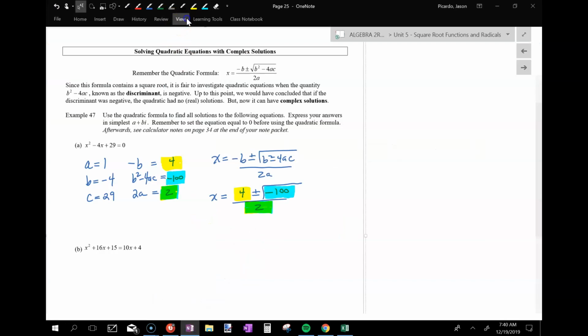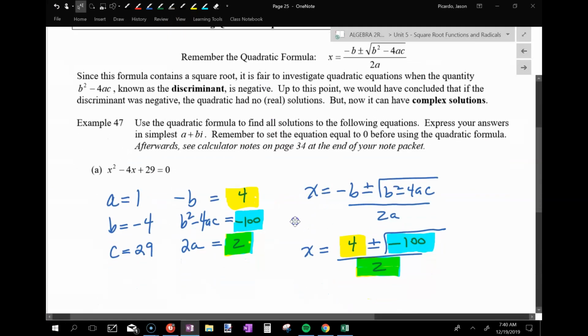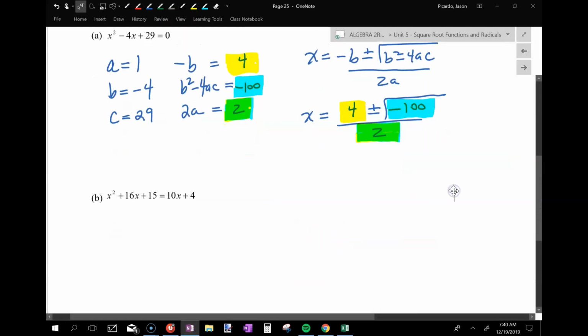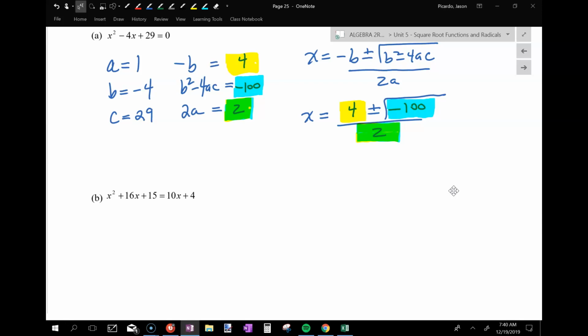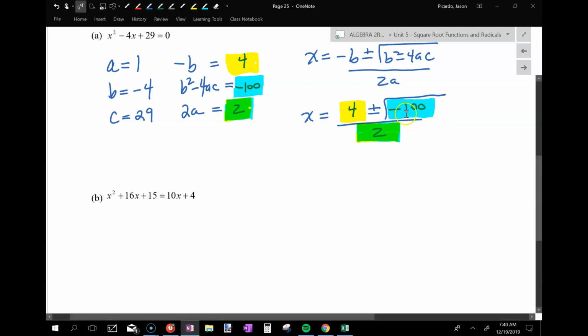Now, let's go back to this. Okay? Remember that when we use the quadratic formula, it's not enough to simply get our solution. Typically, we have to rationalize it or simplify it, right? So what did we say about this? Can I simplify this into something else?